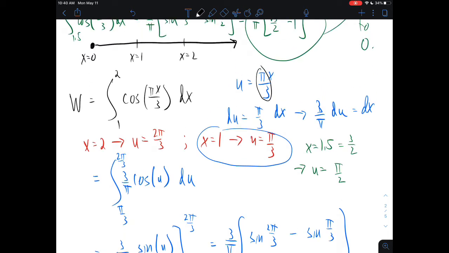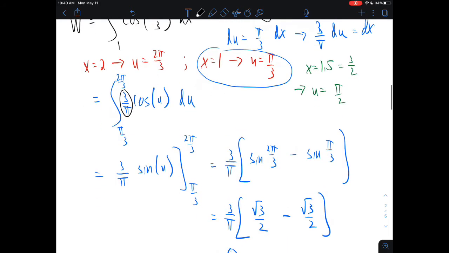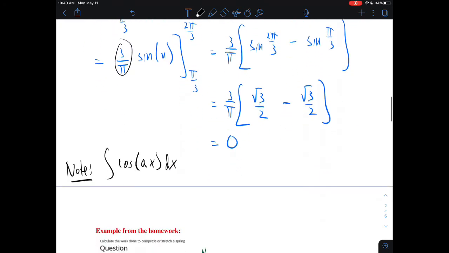That ended up with the reciprocal of that constant outside of the function, which then was outside the antiderivative of sine. So in this case for cosine, we saw that this was really 1 over a times sine of ax. If you were doing an indefinite integral, you'd of course have plus c.